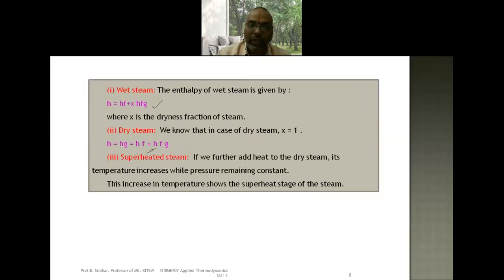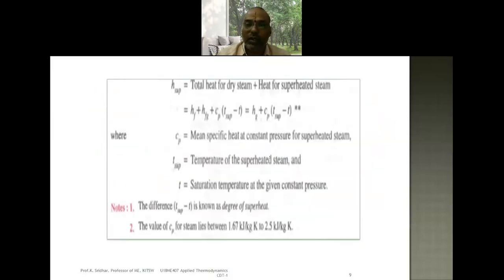Similarly for superheated steam, how can we find the enthalpy? The superheated steam basically behaves like a perfect gas. Here hg stands for the enthalpy of the dry saturated steam. Then we add how much it is further superheated. I already told you that further superheating takes place according to sensible heat transfer.